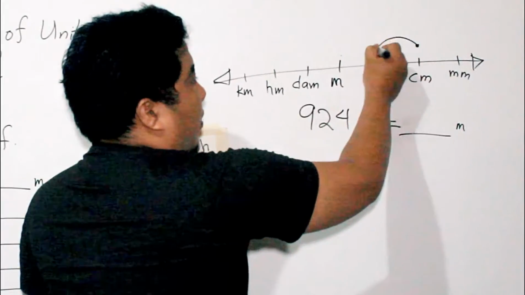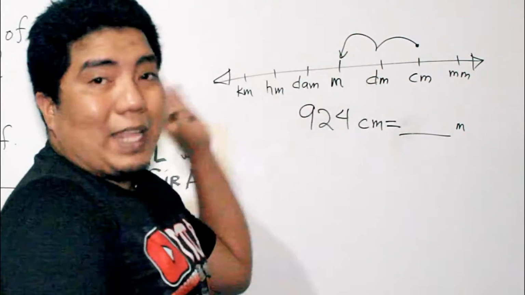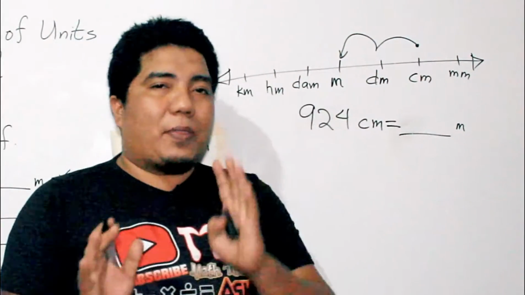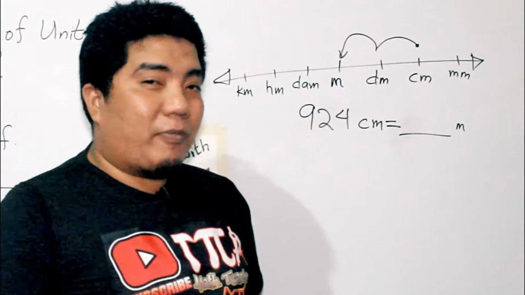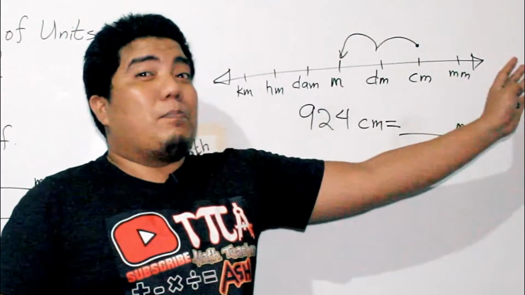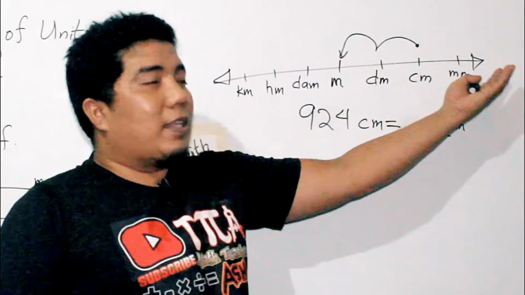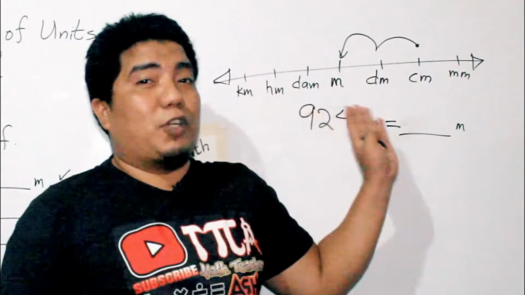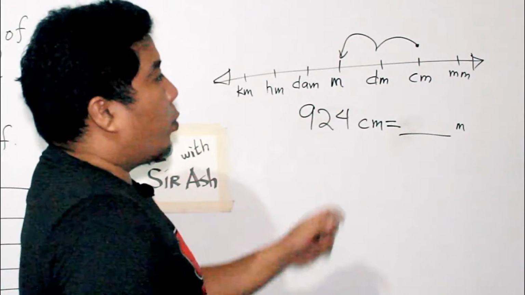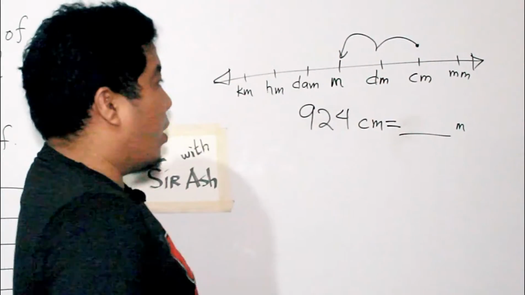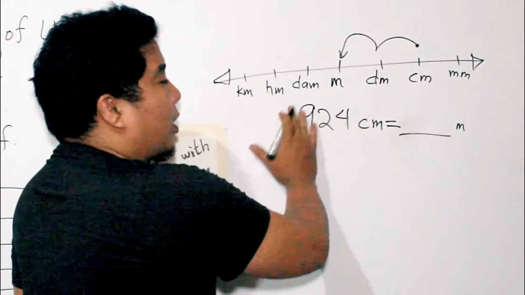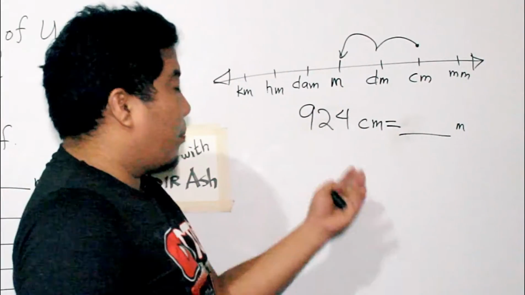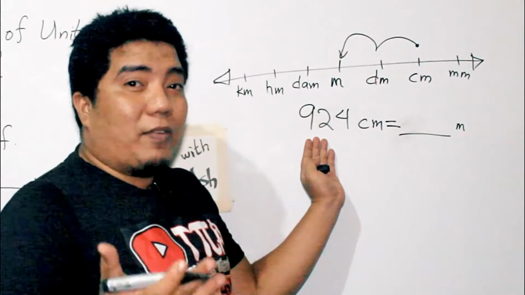So, we will move 2 units to the left. It will be very handy for you if you can memorize or familiarize the positions of the units in the conversion line. Now, what we need to do here is we just locate our decimal point from our given value.